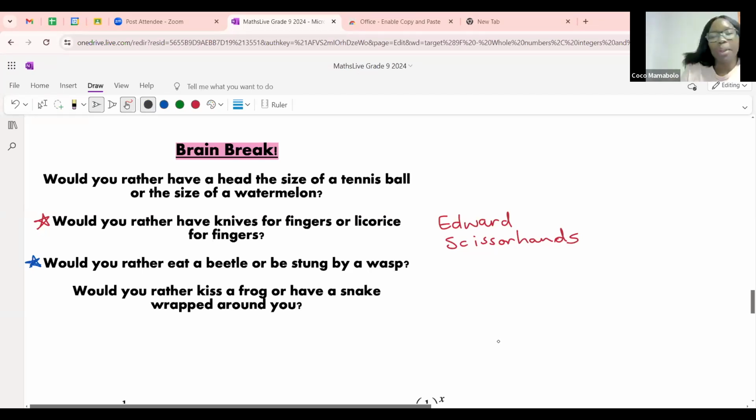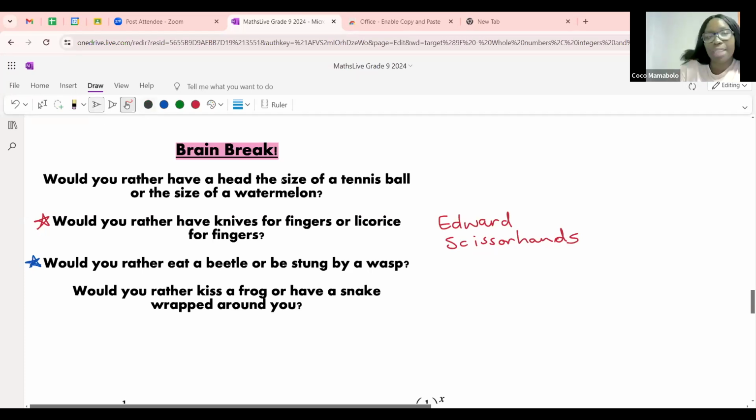But here's the problem, guys. You know how a bee stings you, and then it gets stuck in you, and the bee flies off? A bee only stings you once, and then the bee dies, so it can't sting anybody ever again.